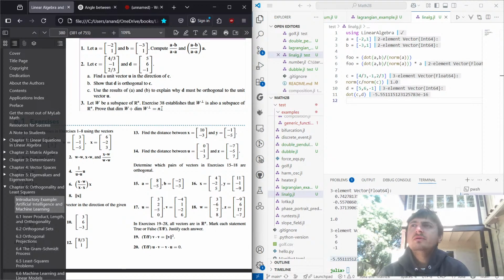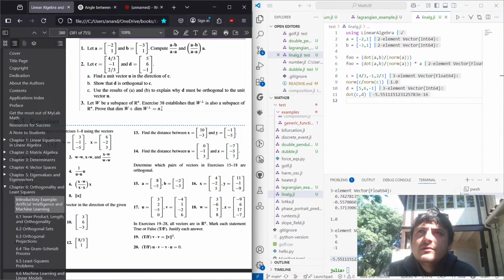Let's just think of R2 for right now. One thing we'll say is that orthogonality guarantees linear independence.